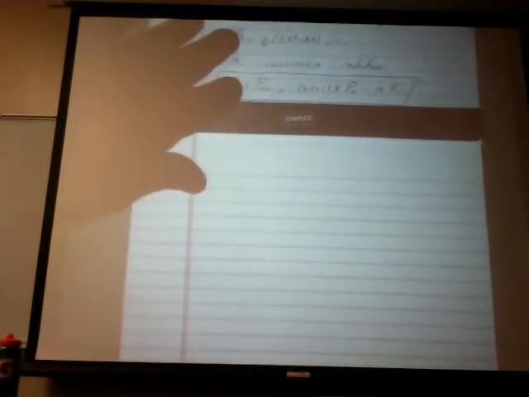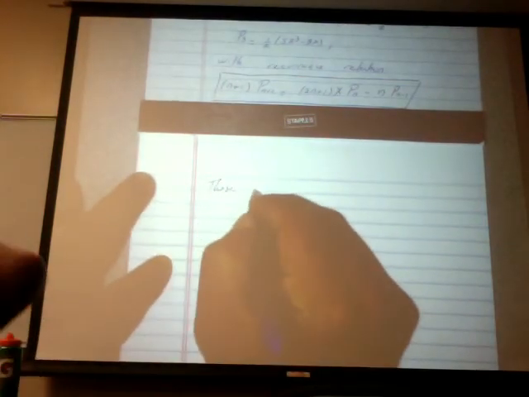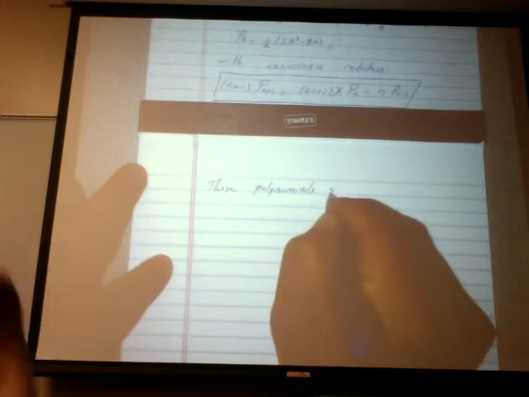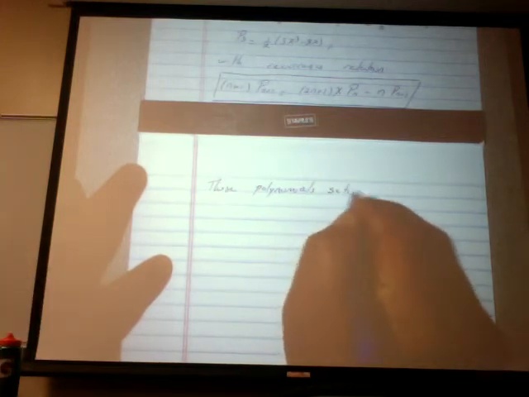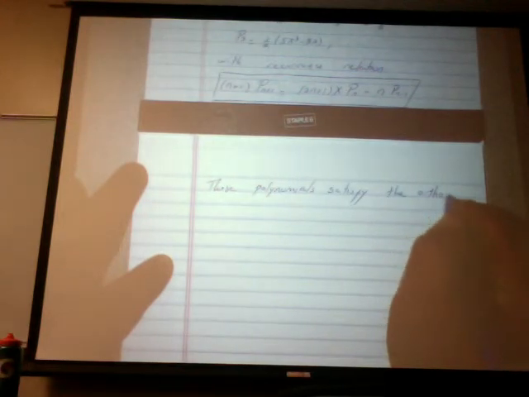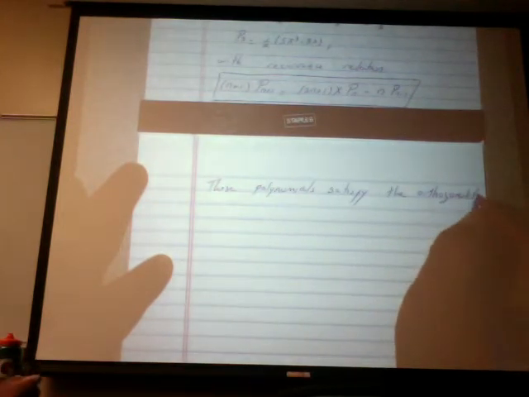These polynomials, by the way, satisfy one particular property, the orthogonality property.